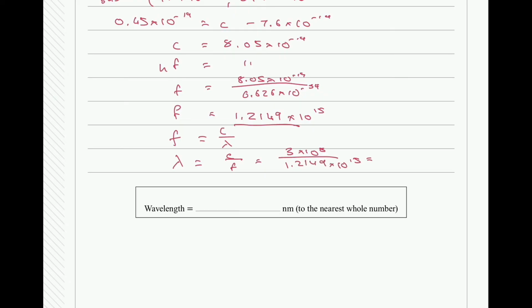And that ends up getting us 0.000, another 3 zeros, 24693 meters. Our answer is in nanometers.